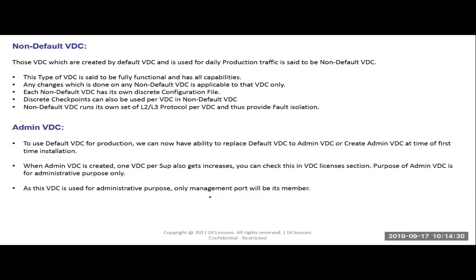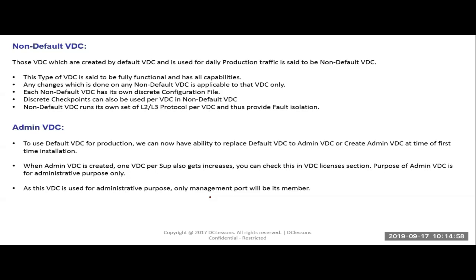So even though you are investing in only one chassis, you are using 3 or 4 non-default VDCs based on your licenses and your supervisor, and each can act as a core switch or a distribution switch for that particular department. This type of VDC is fully functional and has all capabilities. You can do anything you want and just treat it as a separate switch, right?